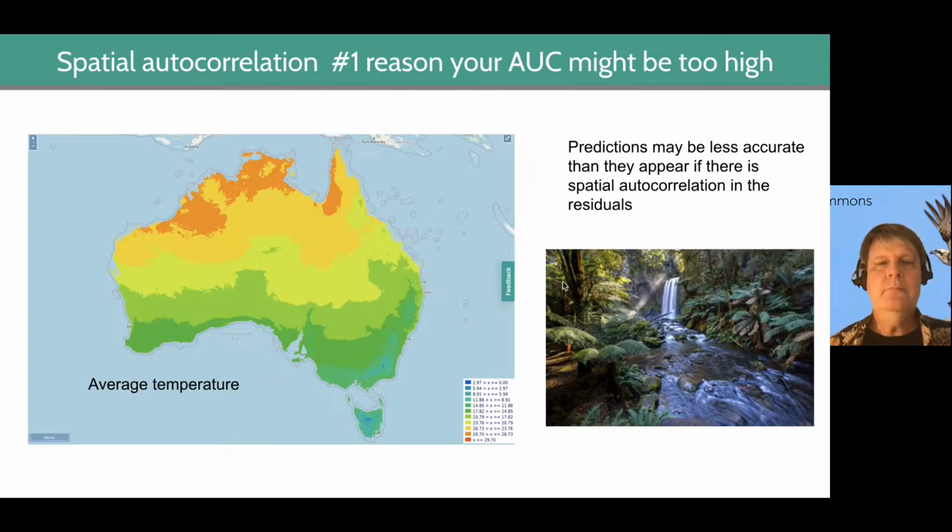One of the first problems in species distribution modeling generally is spatial autocorrelation. You might have spatial autocorrelation in your occurrence data, but oftentimes we have really high spatial autocorrelation in our environmental data. So what is spatial autocorrelation?